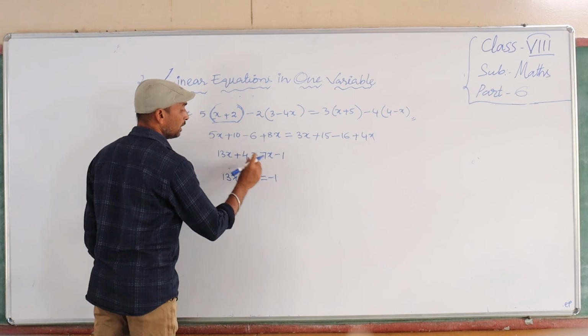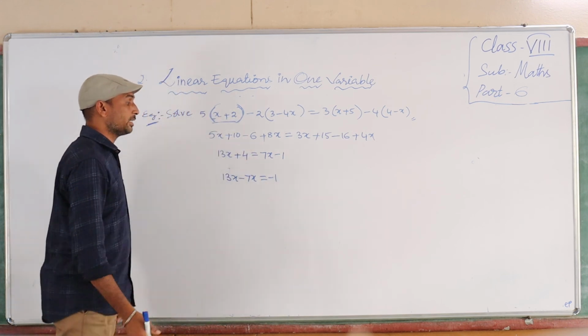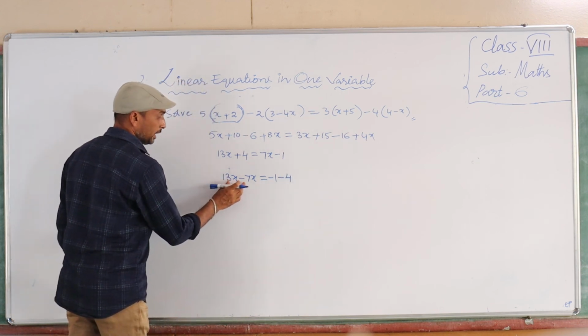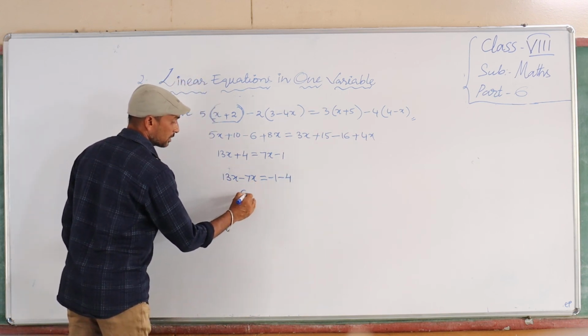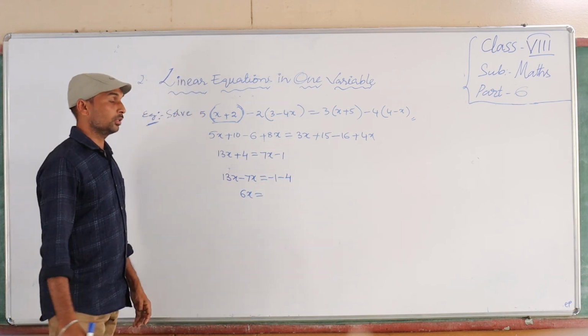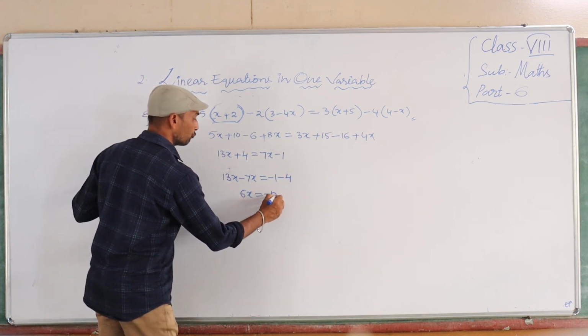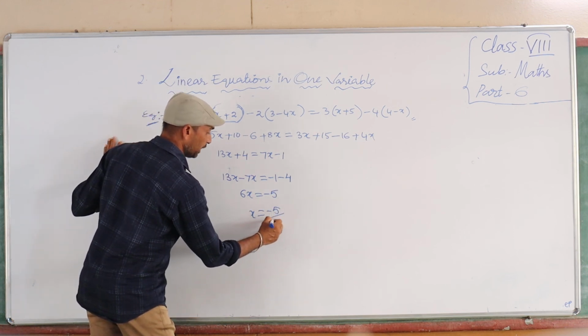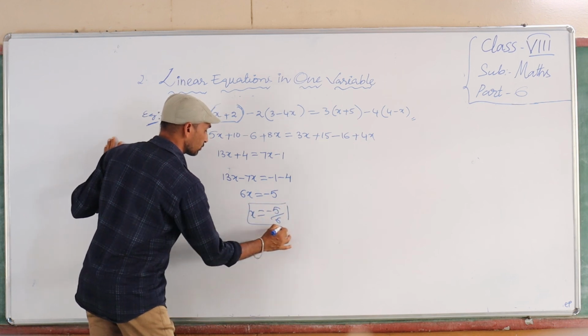Then minus 1, plus 4 transposes to the right side, again it will become minus 4. Right. 13 minus 7, 6x. Then minus 1 minus 4, minus 5. And x is equal to minus 5 by 6.